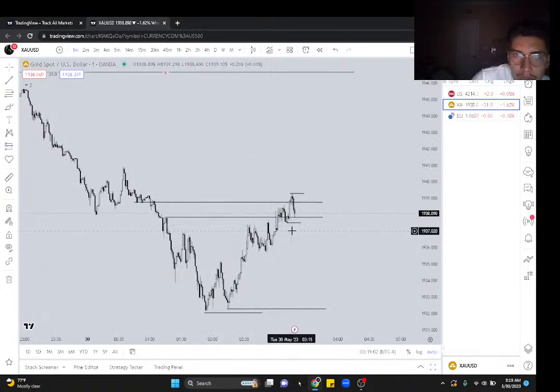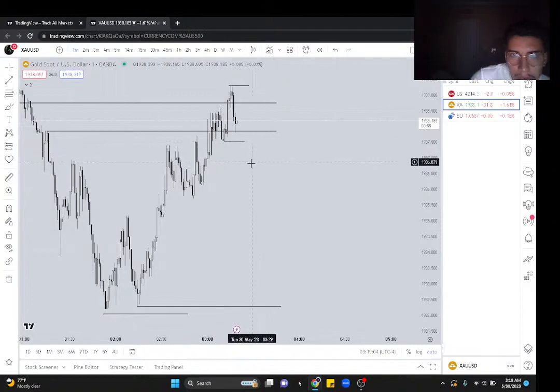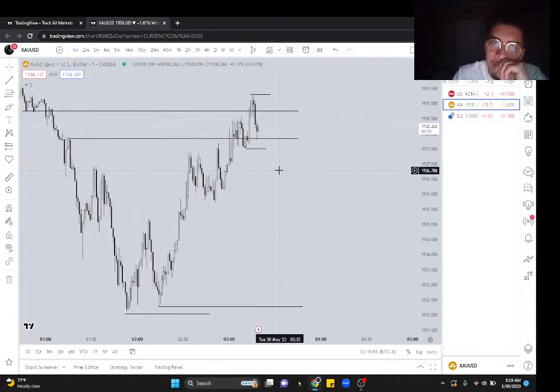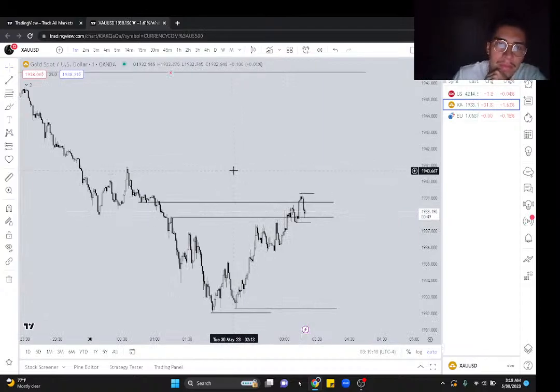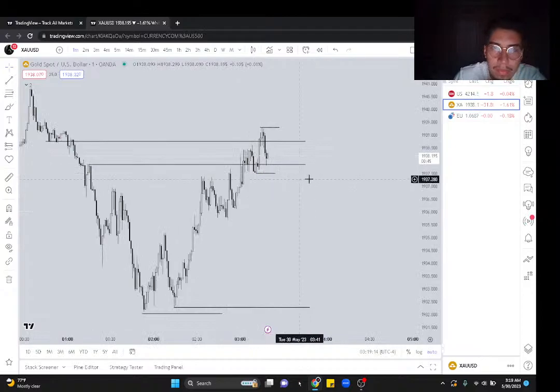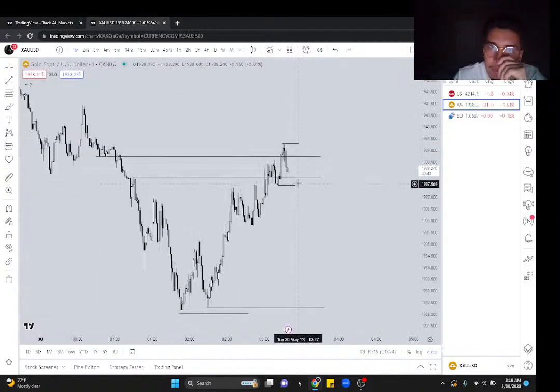Okay, gold. Gold is now breaking some levels at this M1 range. Volume daily imbalance. Interesting.